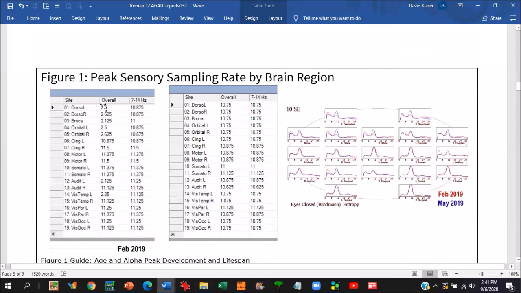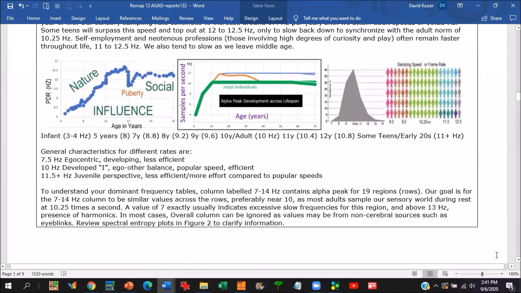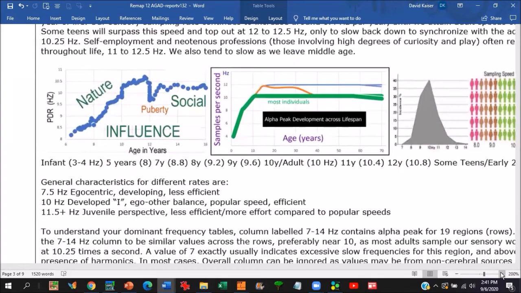We would like this to be consistent first and foremost, and second, we would like it to be around 10 and a quarter. Now, depending on where you are in your life, what age you are, you might be faster, or you might be slower if you're a child. This map, let me bring it in closer. This is actually real data.